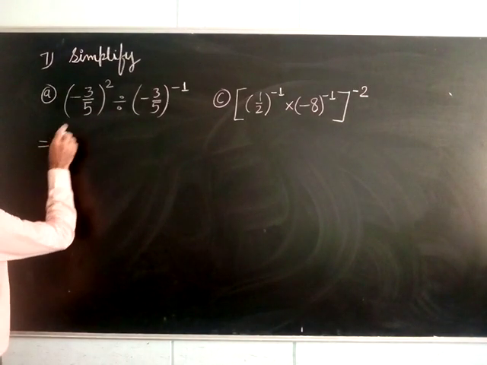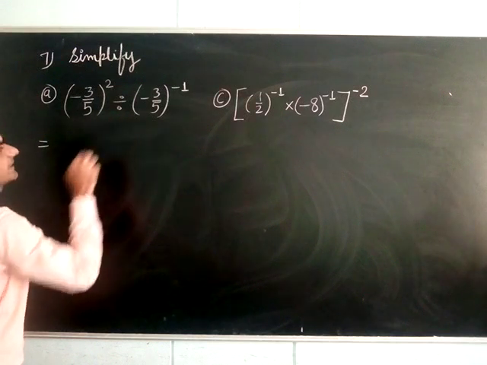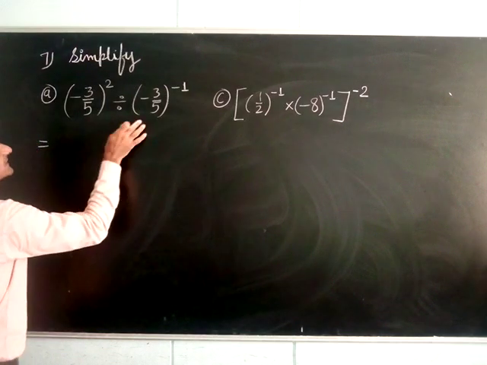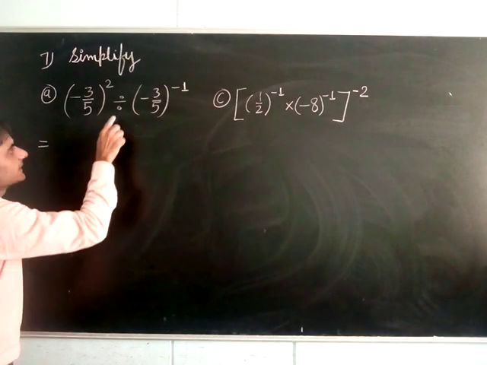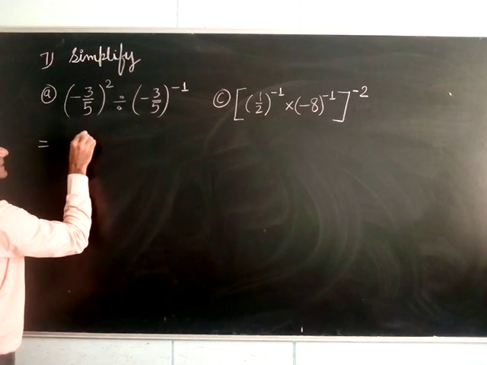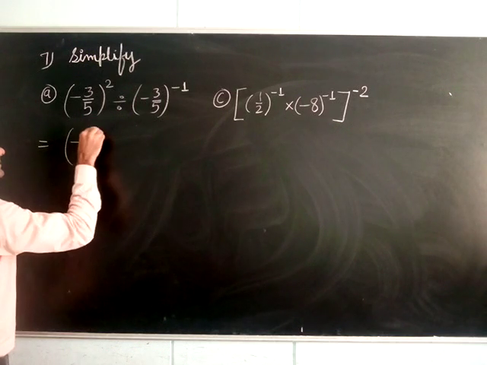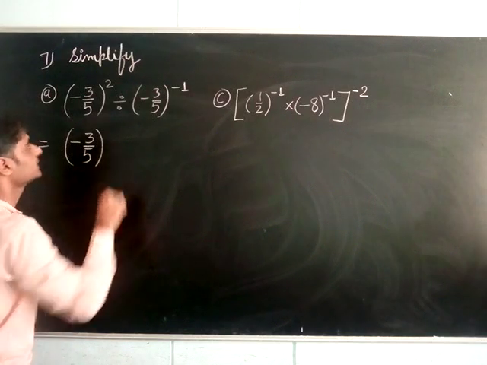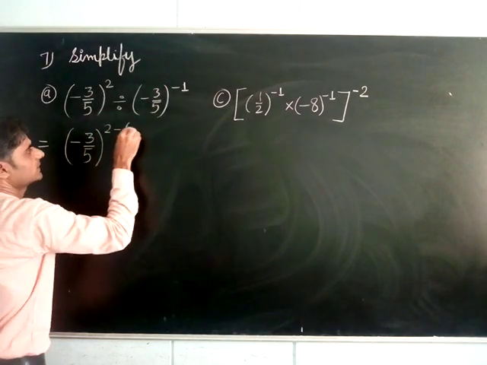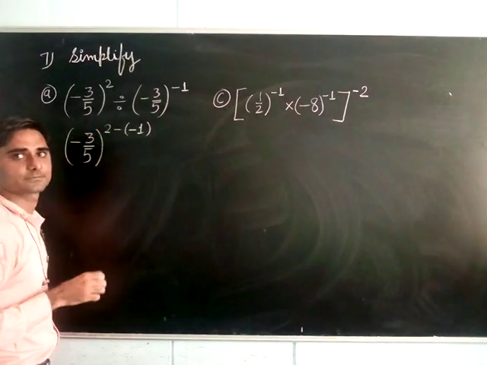This will be equal to, see, minus 3 upon 5, minus 3 upon 5. Both are same. If bases are same, then in division the powers will be subtracted. So power subtracted, minus 3 upon 5, the common base we have taken here, this 2 minus this minus 1.